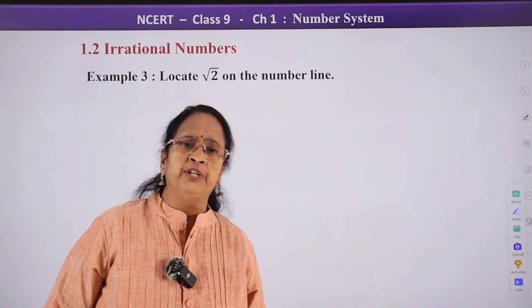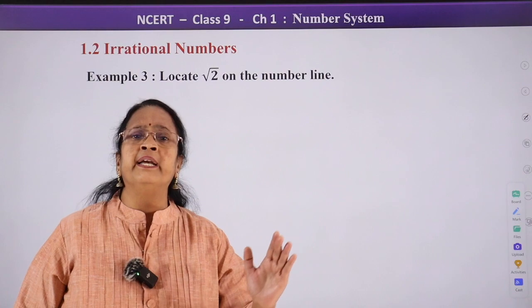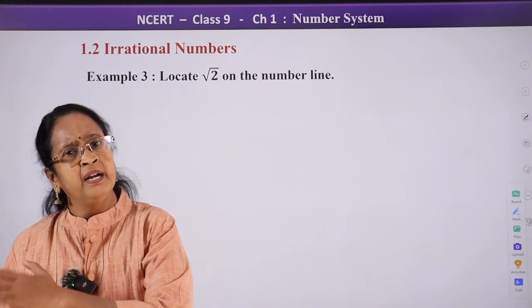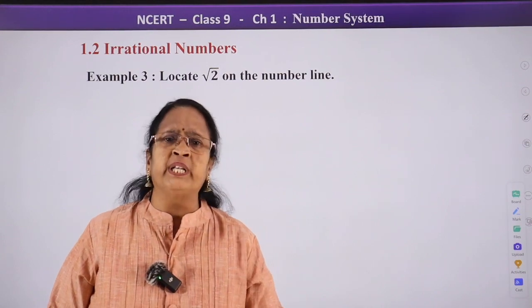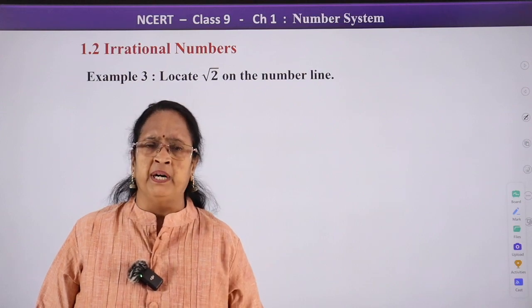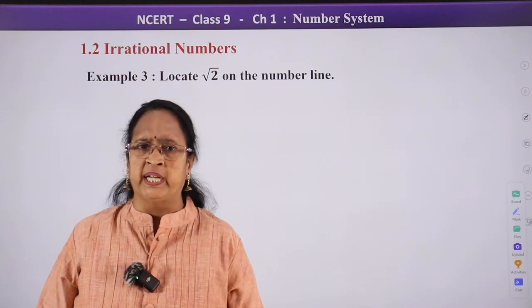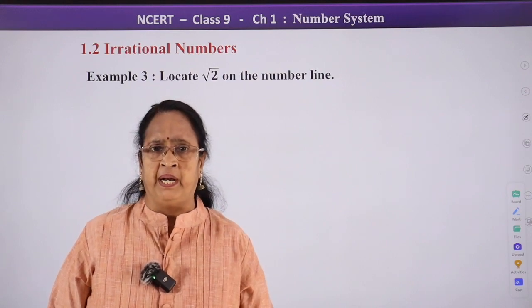Now, I told you just now that we can locate all the real numbers on the number line. Prior to this, we had located integers, whole numbers, positive, negative, both integers, fractions, that is rational numbers, all on the number line.